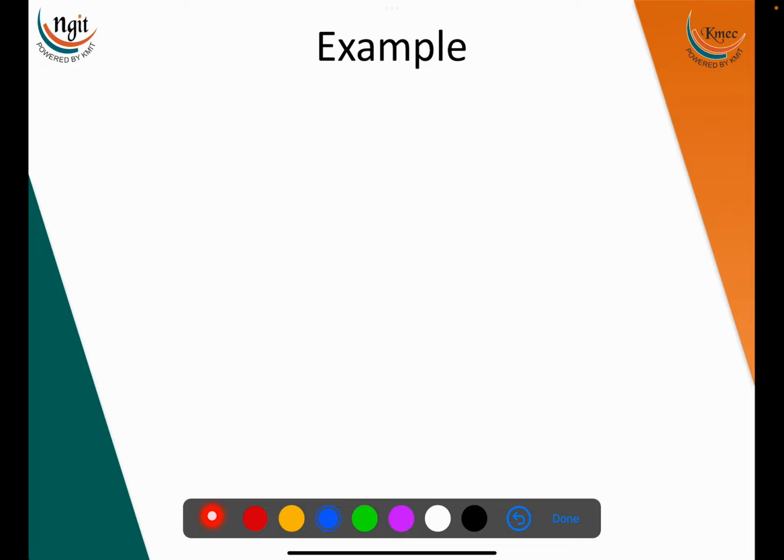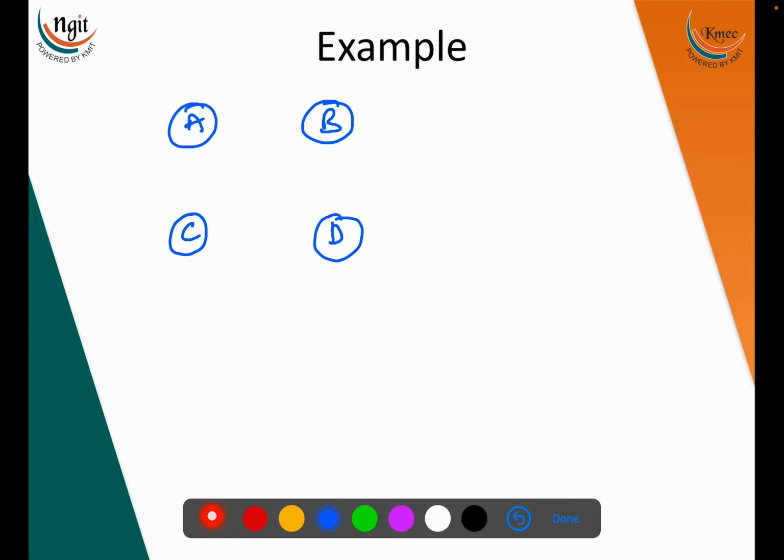Now we'll take an example to understand in detail. I'm taking one graph, and I'm going to use it to represent the traveling salesman problem. Here all the vertices represent cities, that means A, B, C, D are cities. This is the edge, the path between A and B, which I'm assuming as 5.